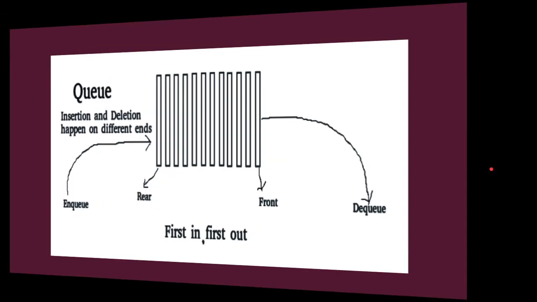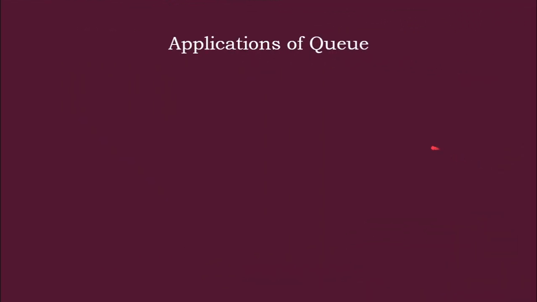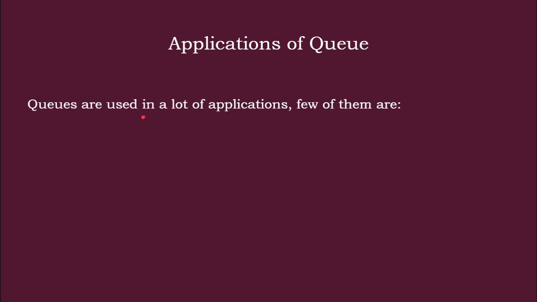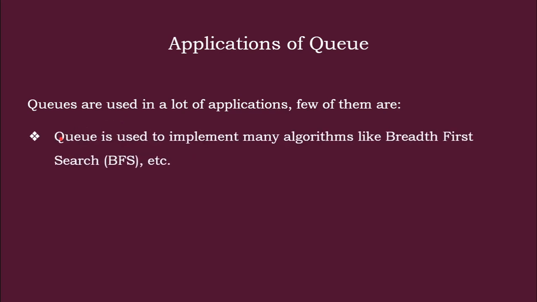Let us see how the representation is done both in arrays as well as linked lists. Before that, we will see the applications of queues. Queues are used in a lot of applications. A few of them: queue is used to implement many algorithms like breadth first search, which is one method of exploring a tree structure.